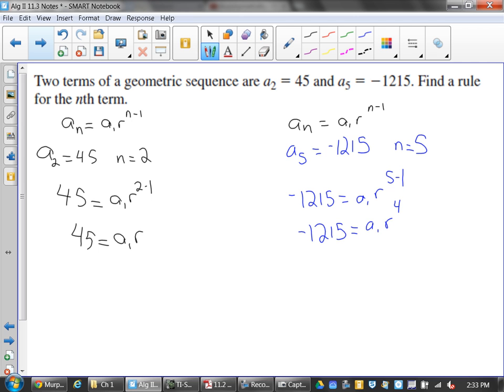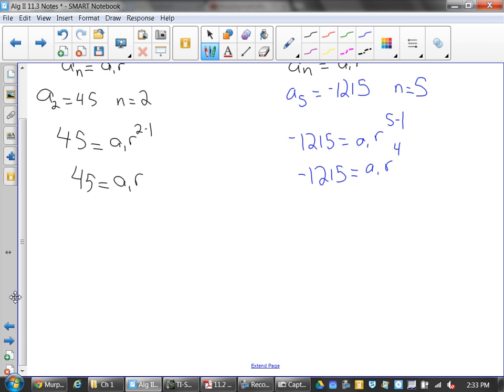The reason why I'm showing you that is, since I can't use elimination as a systems of equations here, can I use substitution? Can I get the first term by itself on this side? Divided by r.